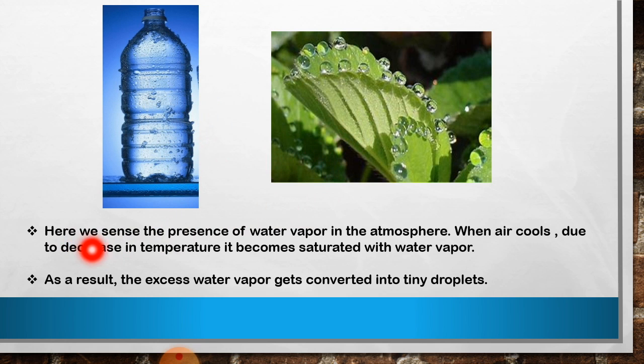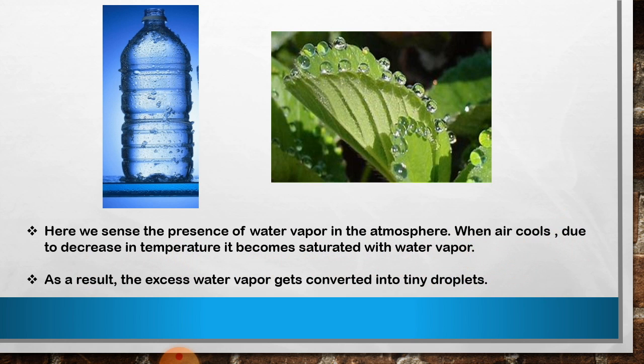So here these are the two observations. From this we sense the presence of water vapor in the atmosphere. So water vapor is there in the atmosphere, that is why all this is happening. When air cools due to decrease in temperature, it becomes saturated with water vapor. Whenever the air is cold, due to decrease in temperature, it becomes what? Saturated with water vapor.